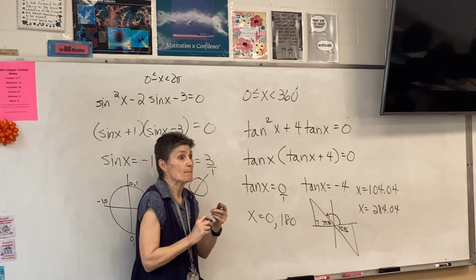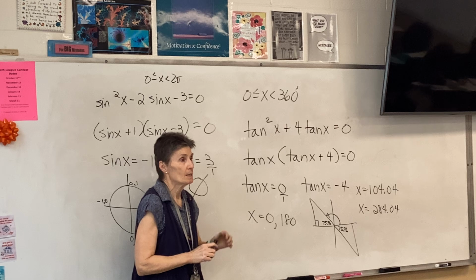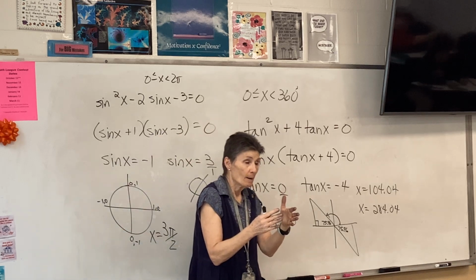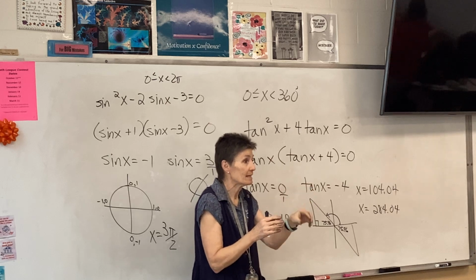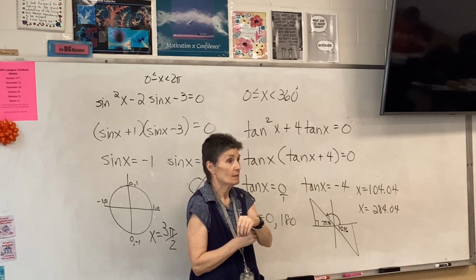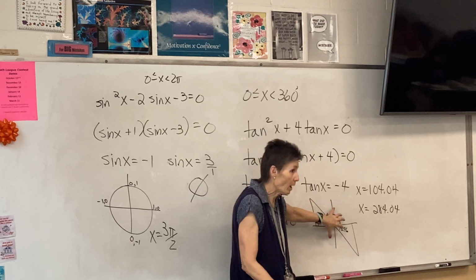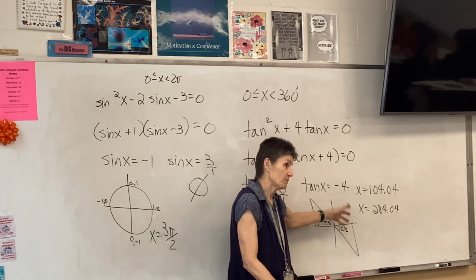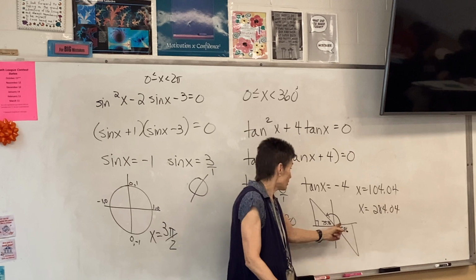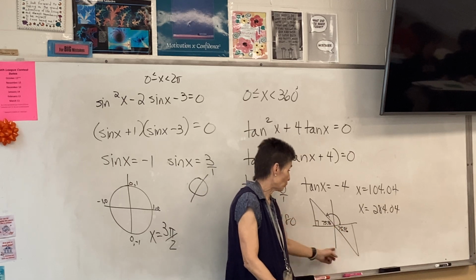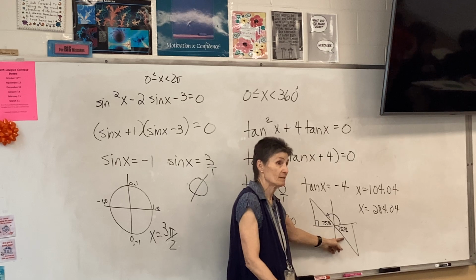So here is a perfect example of how you need a calculator, but the calculator does not give you the exact answer. To get the answer, you still have to figure out what quadrant you're in and what the actual angle measures are. So we did 180 minus 75 and 360 minus 75.